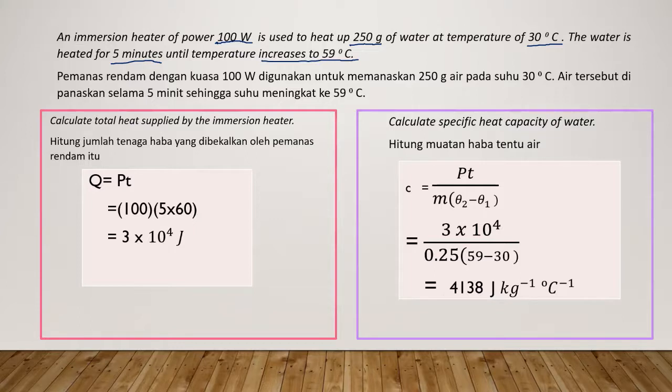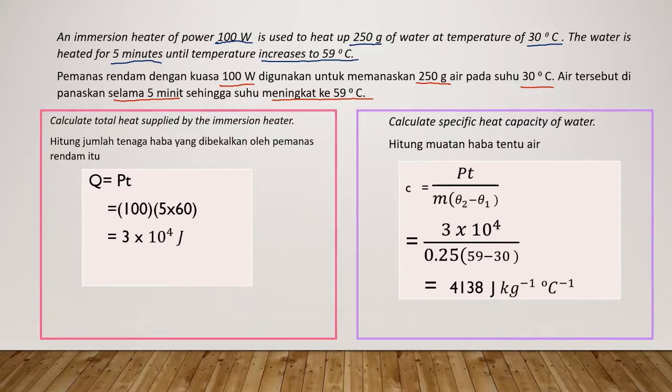Pemanas rendam dengan kuasa 100 watt digunakan untuk memanaskan 250 gram air pada suhu 30 darjah Celsius. Air tersebut dipanaskan selama 5 minit sehingga suhu meningkat kepada 59 darjah Celsius.